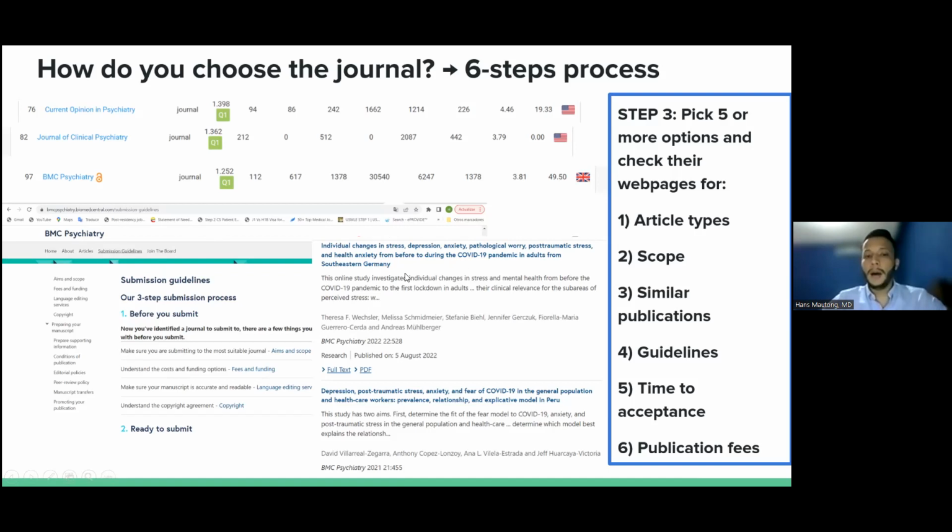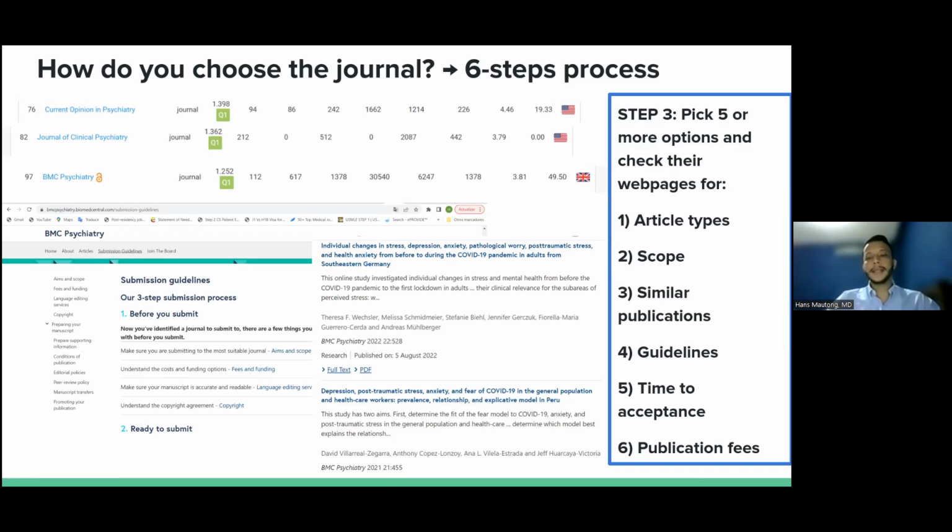They have published a study from Germany, which is good. This means that it's an international journal that's receiving manuscripts from all over the world. Even though it's from the UK, they have papers from Germany. Also a paper from Peru, which is quite great because, you know, we're South American fellows. Okay, so that's a green flag.